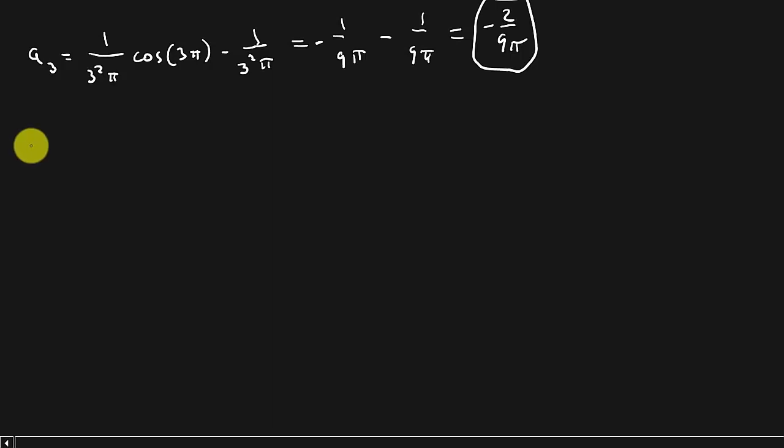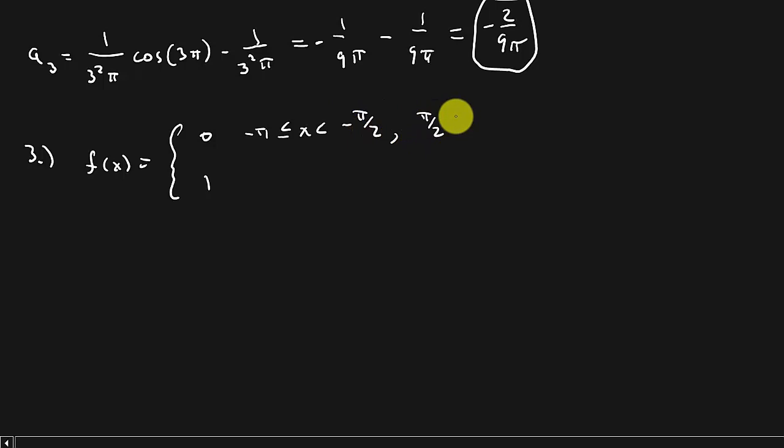All right, so this problem number 3 here, I've got f of x is equal to 1, 0, 1 for negative pi less than or equal to x less than negative pi over 2, and pi over 2 less than or equal to x less than pi, and 0 for negative pi over 2 less than or equal to x less than pi over 2. Okay, we're not going to work this one out.